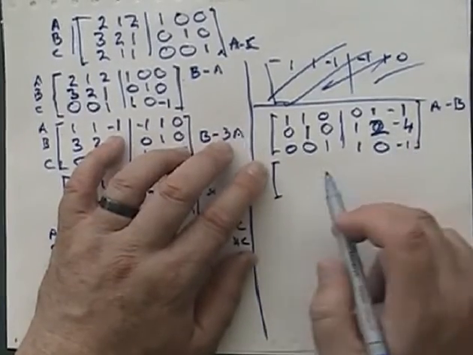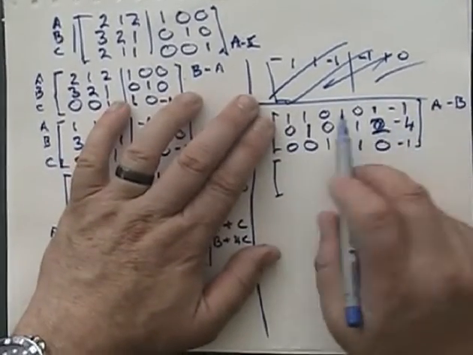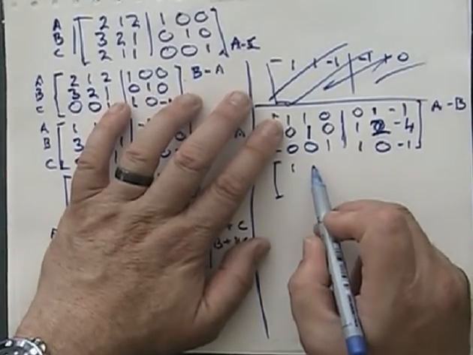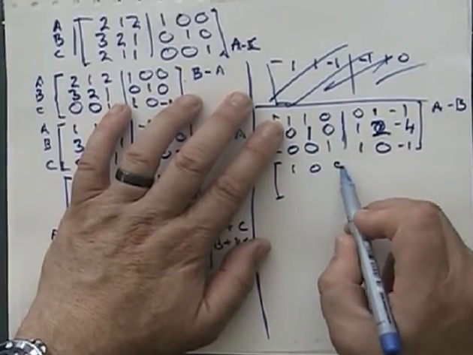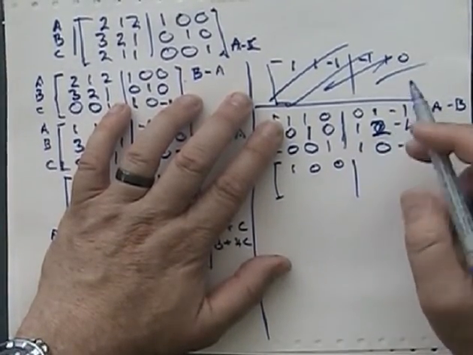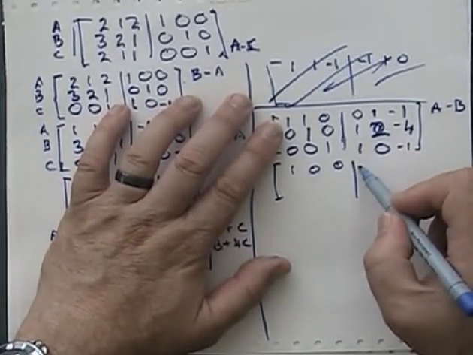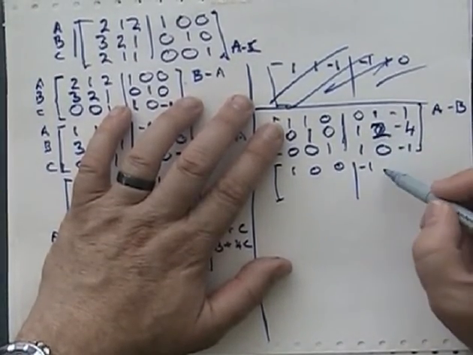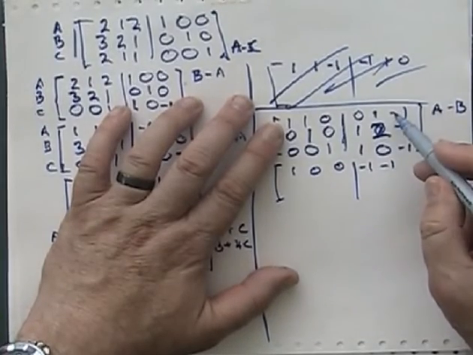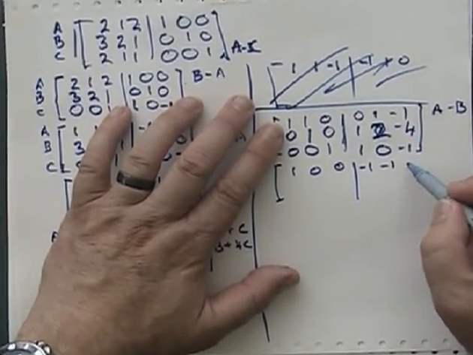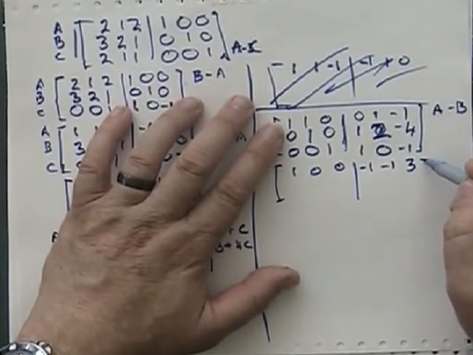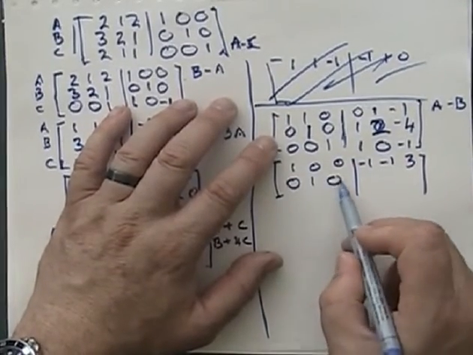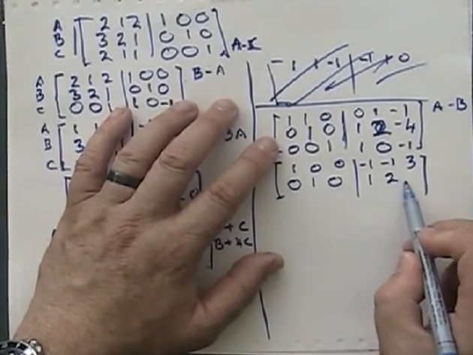Because I'm adjusting the first row, 1 minus 0 is 1, 1 minus 1 is 0, 0 minus 0 is 0, 0 minus 1 is minus 1, 1 minus 2 is minus 1, minus 1 minus minus 4 is positive 3, and the rest of the matrix is unchanged.